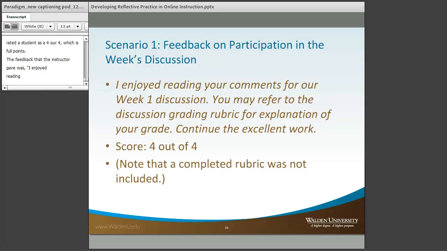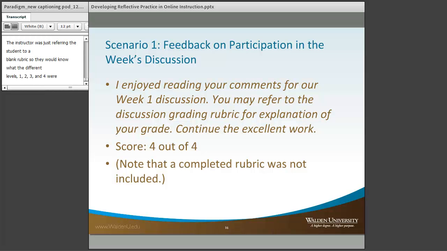You may refer to the discussion grading rubric for an explanation of your grade. Continue the excellent work. I'm noting here that the rubric was not completed. The instructor was just referring the student to a blank rubric so they would know what the different levels 1, 2, 3, and 4 were.